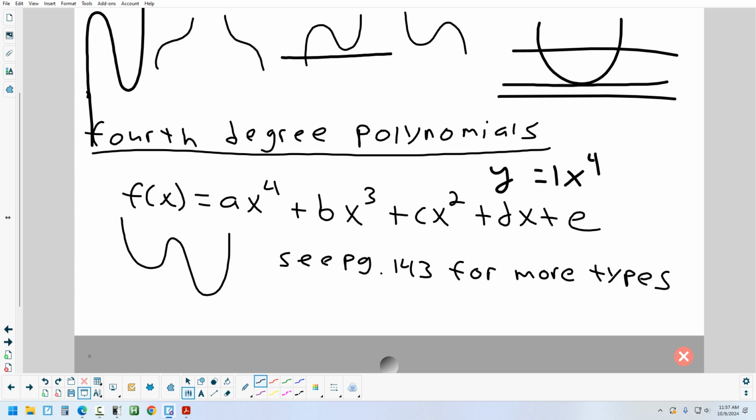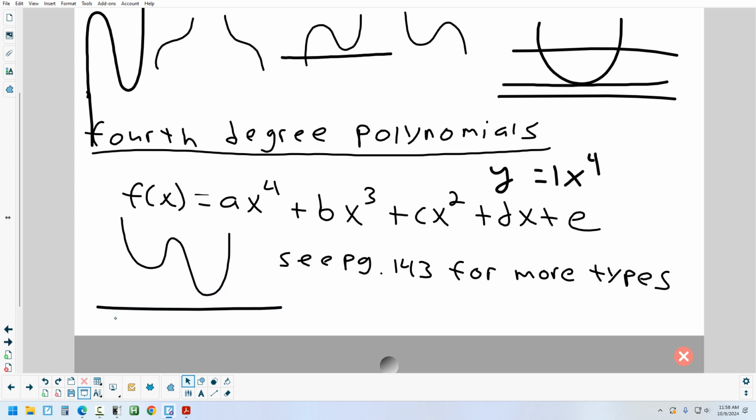The most complicated shape you can get for a degree 4 is a W shape, where it crosses the x-axis 4 times. It could cross 3 if it was just like that. You could get 2 if it was just like that. You could get 1 if your graph was like that.